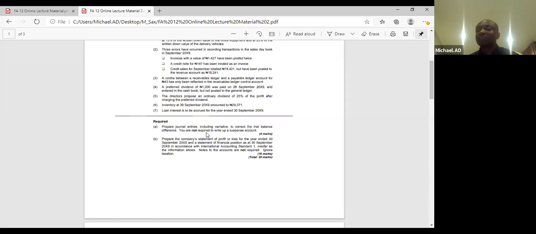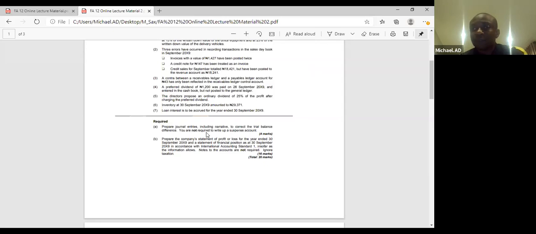In other words, they are trying to tell us that they've already debited our accounts receivable, or whoever is owing us the money, with the correct figure of 18,421. But on our revenue account, what they entered was 18,241.